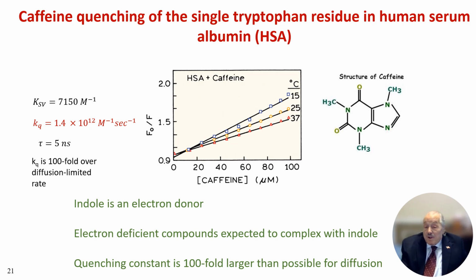So once again, you know it cannot be collisional quenching because it's too fast, and it's almost a charge, certainly a charge transfer interaction between these two groups that cause the quenching, which means at the time of excitation, a caffeine molecule is already stacked onto the tryptophan residue in the protein. That's immediately deactivated and removed from what can be observed.